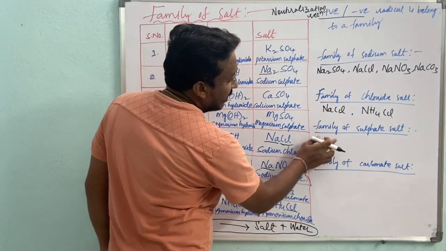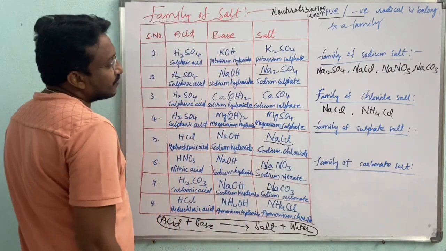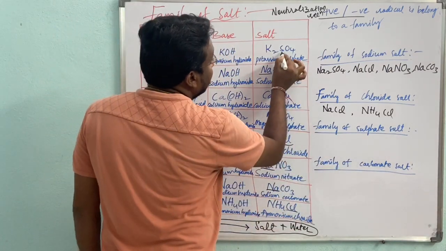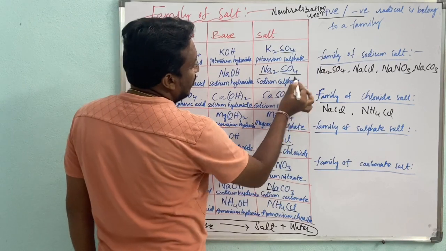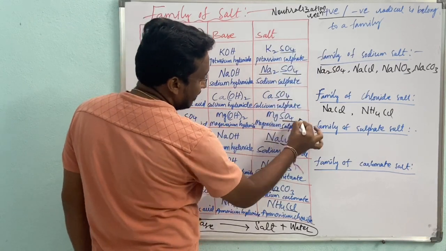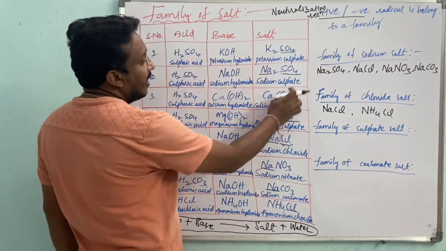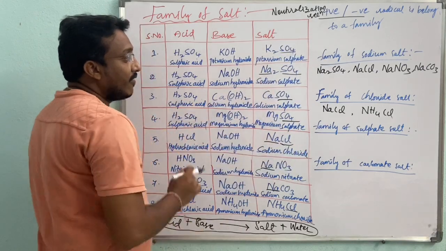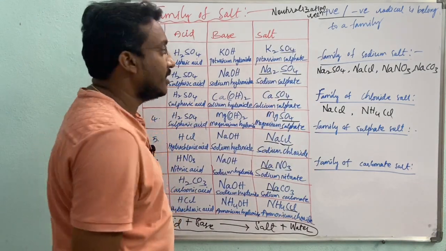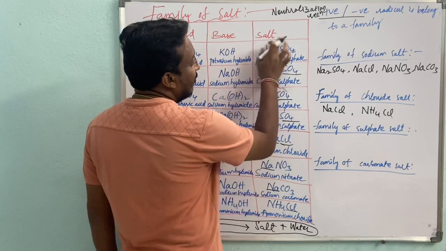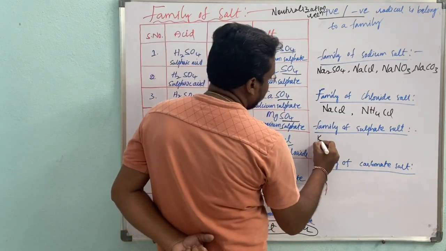Here we can take one more example. Family of sulfate. See here, SO4, sulfate. Here the first four are also in the family of sulfate. These salts are in the sulfate family. What are they?